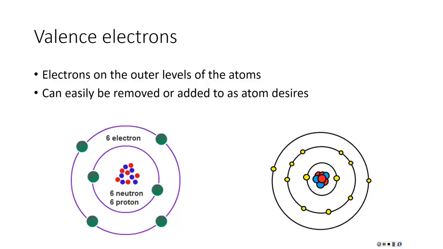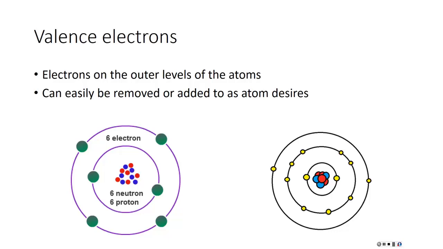So chemical reactions fall completely to valence electrons. Nuclear reactions, which we'll learn about later, don't use valence electrons, but 99% of reactions are based on the valence electrons. So just as a refresher, the valence electrons are the outermost electrons in the Bohr model.